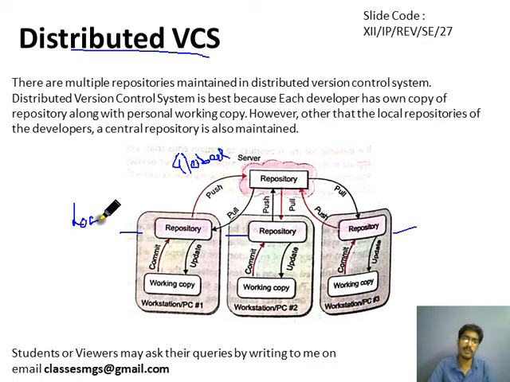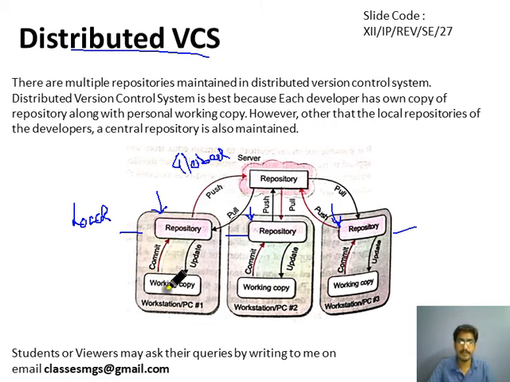This model is helpful, let's suppose, when multiple companies are working on a single project. Then these different companies will have their own local repositories, and all the companies will have the common global repository on the internet.